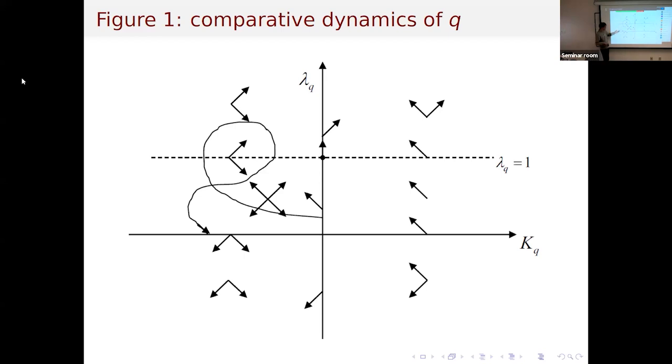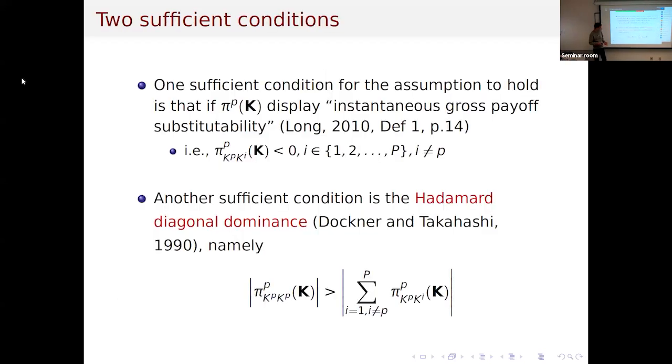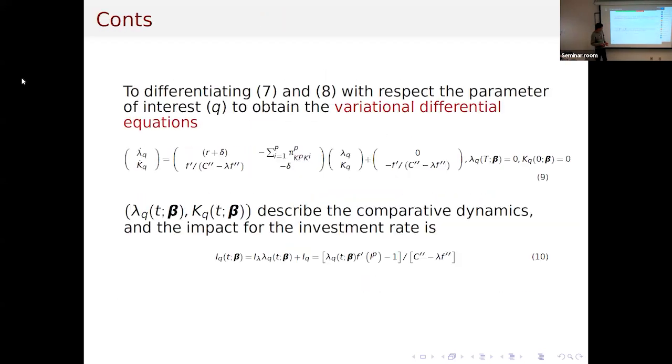Now, given this, we can see that the whole trajectory stays in this area, which means that lambda Q is always positive and KQ is always negative, right? That actually gives us equations 12 and 13, and the rest can be indirectly obtained from this equation.